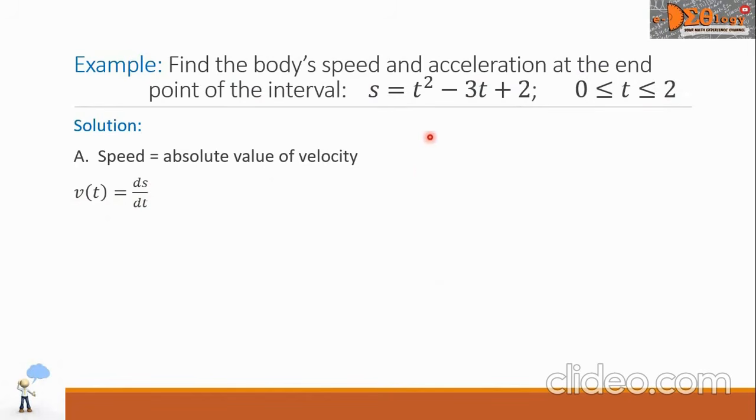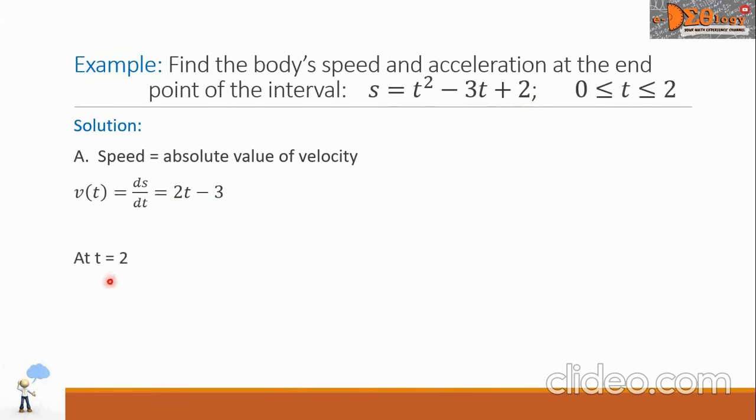That is the derivative of this function. So we have the derivative of t squared to be 2t, then minus the derivative of 3t is 3. The derivative of 2 is 0. So we have here 2t minus 3.